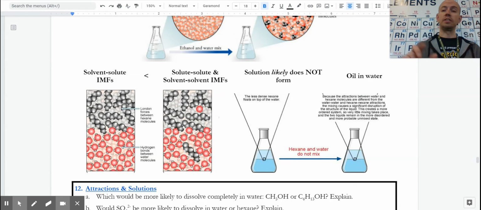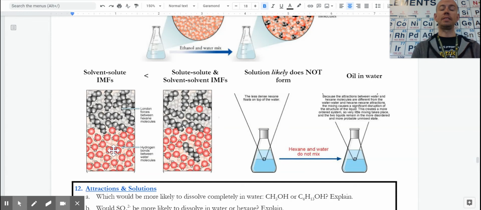There is some attraction there. If we mix them up randomly, we would have greater entropy. So those things are favorable, but those attractions that I'm making are much weaker than the hydrogen bonds between my water molecules. The dipole to dipole and hydrogen bonding within water is stronger than the attractions that we make.